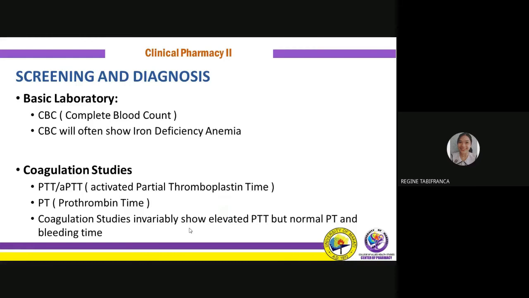The prothrombin time measures the extrinsic pathway, mediated by factor 7. The prothrombin time of a patient with hemophilia is normal, meaning there is no deficiency in the extrinsic pathway factors.